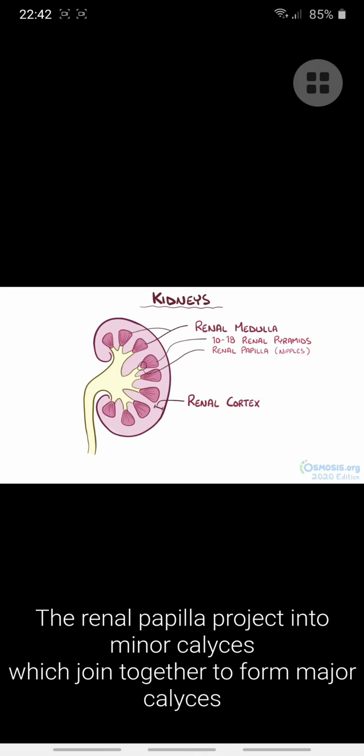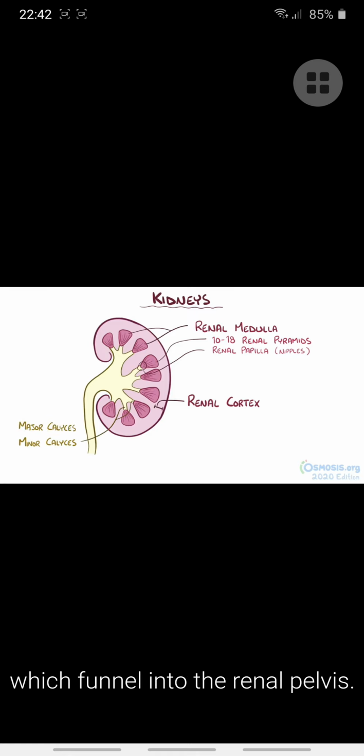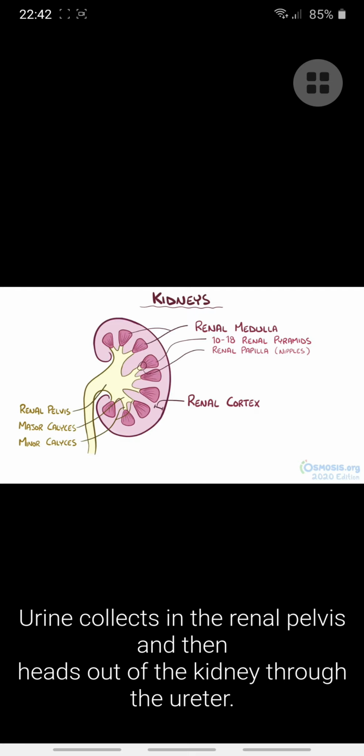The renal papilla protrudes into minor calyces, which join together to form major calyces, which funnel into the renal pelvis. Urine collects in the renal pelvis and then exits the kidney through the ureter.